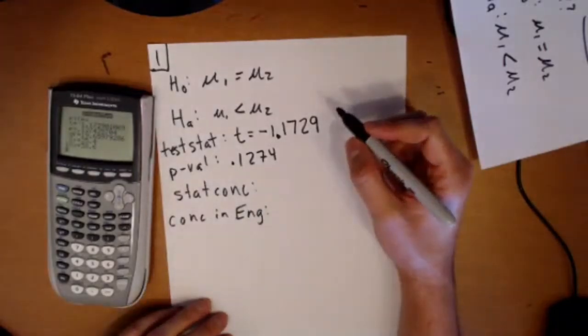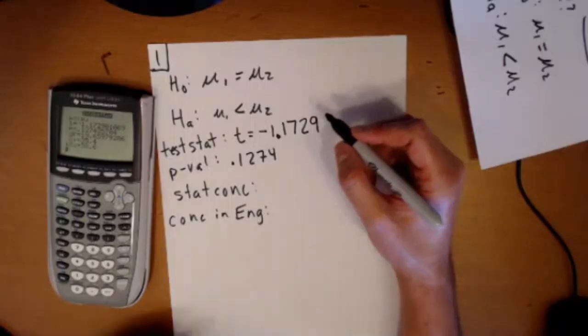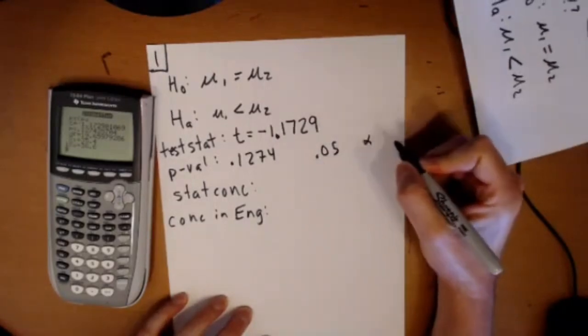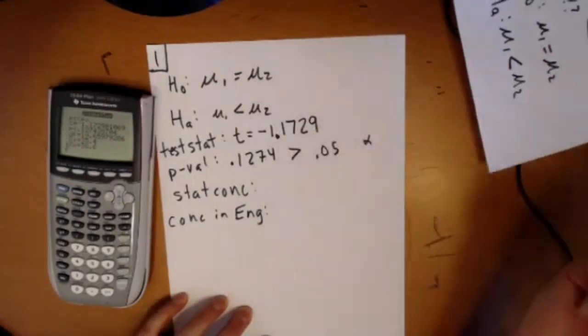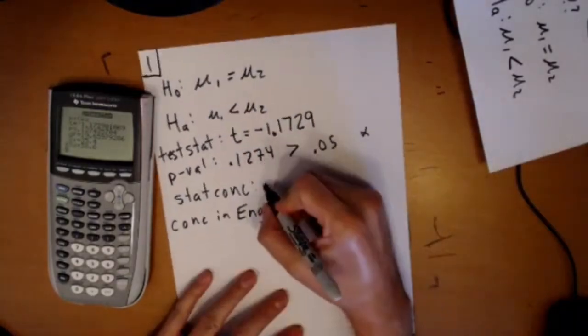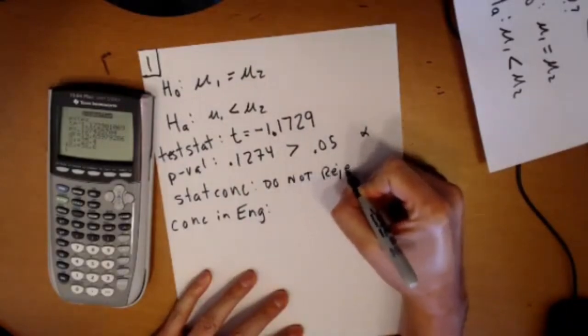P equals 0.1274. Remember our significance level, let me double check, I think it's 5%. Yep, 0.05. How does this p-value compare to our alpha of 0.05? It's greater than that. If our p-value is greater than our alpha, we do not reject H0.